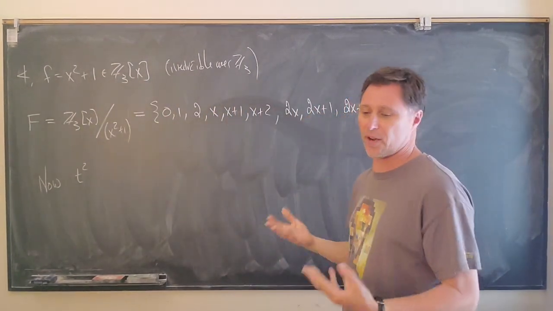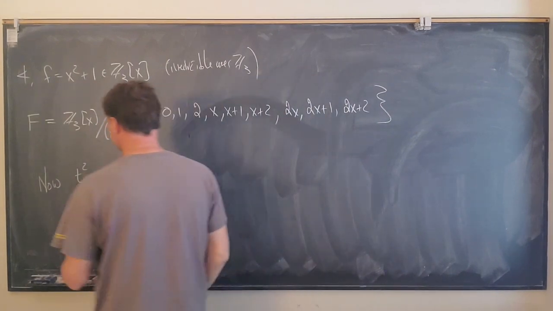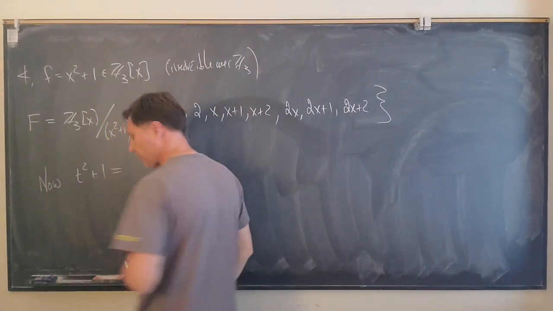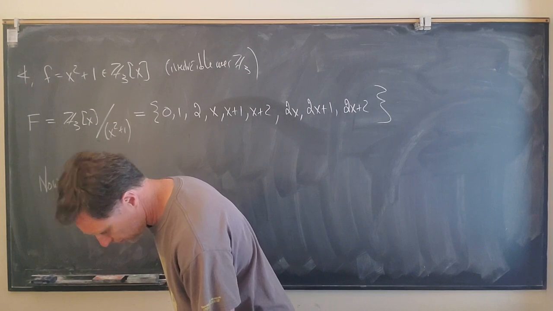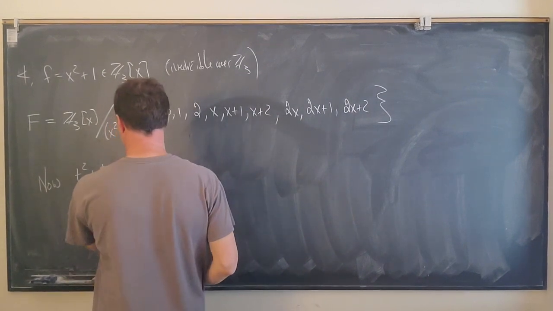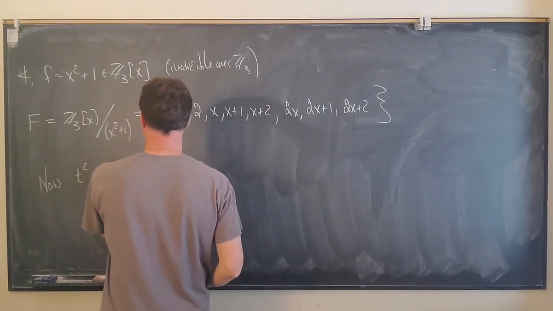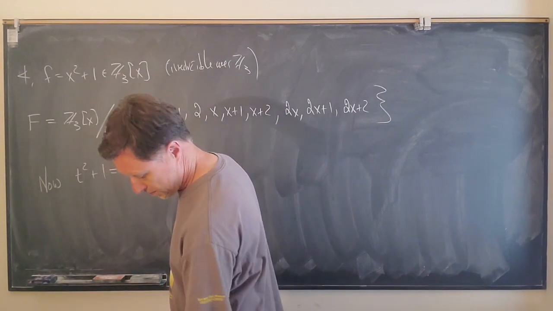So I need to change the variable of my polynomial. So let's use t. So t squared plus 1 will factor as, in fact, it makes it easier to see if you write this as t squared minus 2.